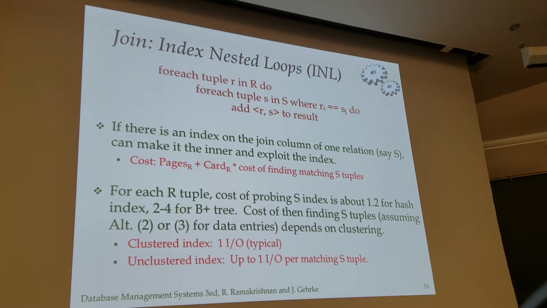We have our hands around the neck of a tuple in R. That means we have a value of R sub I. We only want the S sub J tuples that match, that have S sub J equal to R sub I. So we can use that index to find the tuples in S that match the tuple we already have our hands around the neck of, sorry to be violent, inside R. So for that particular tuple of R, and we're going to go through all the tuples in R, but for each particular tuple of R, get the matching S tuples.